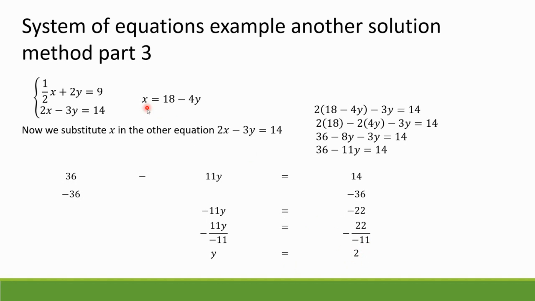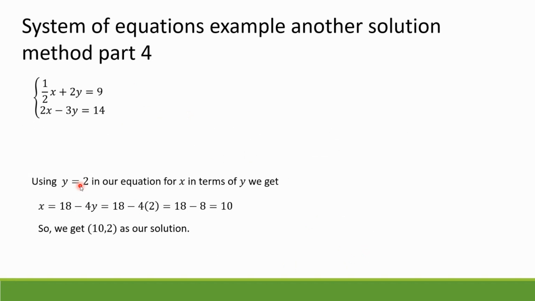Well, yeah, we know what x is in terms of y, right? Taking y equal to 2 and using the equation for x in terms of y, we plug it in. We get x is 18 minus 4 times y, which is 18 minus 4 times 2, which is 18 minus 8, which is 10.